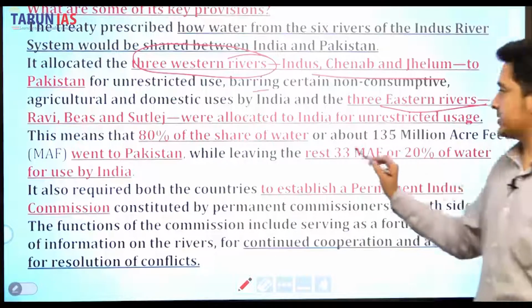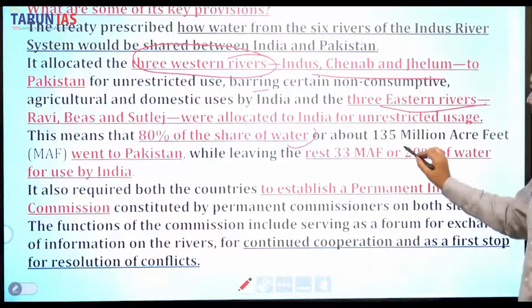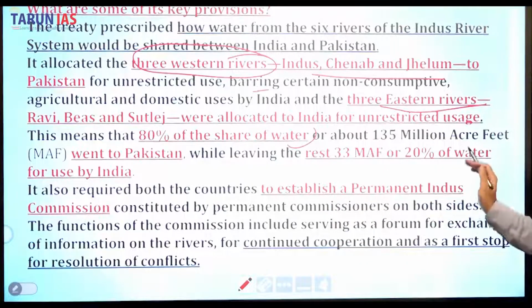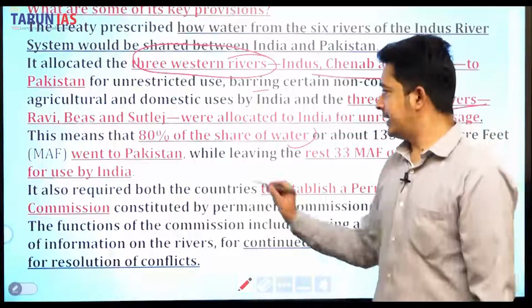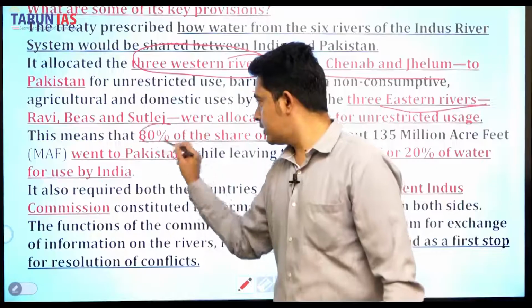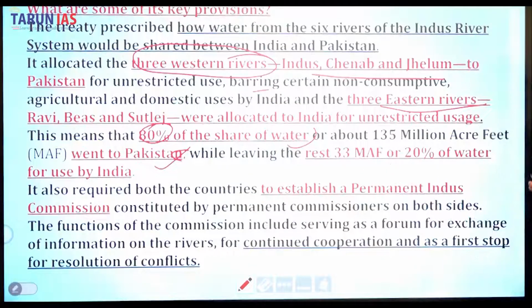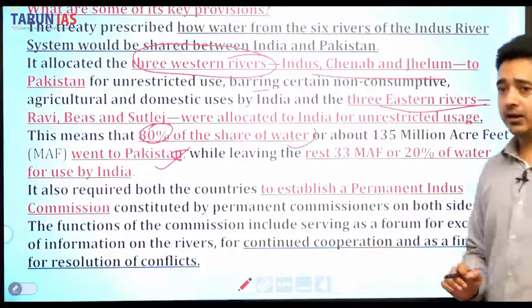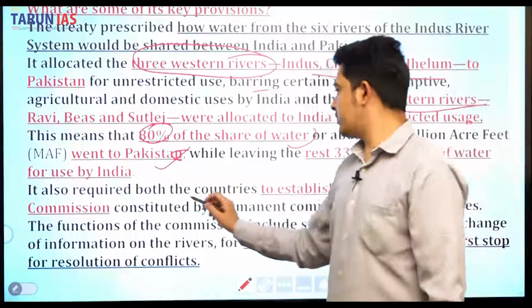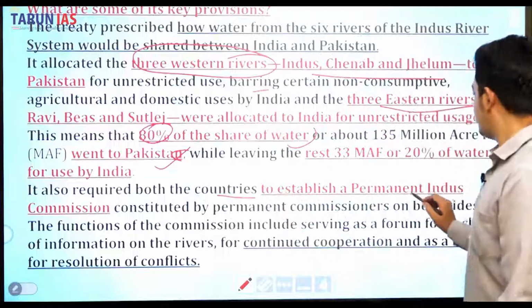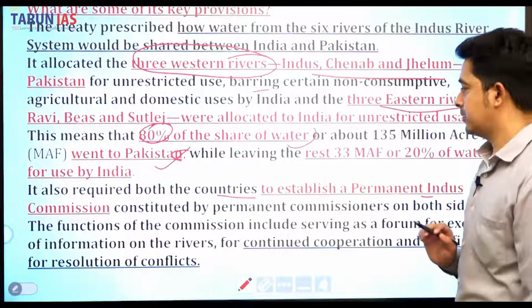This means 80% of the share of water, or about 130 million acre feet MAF, went to Pakistan, while leaving the rest, 20% of water, for use by India. It also required both countries to establish a permanent Indus Commission.